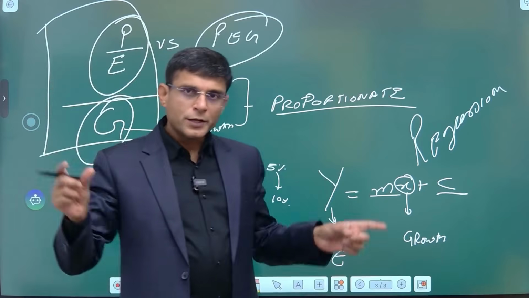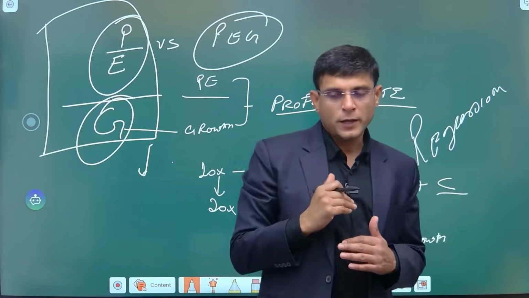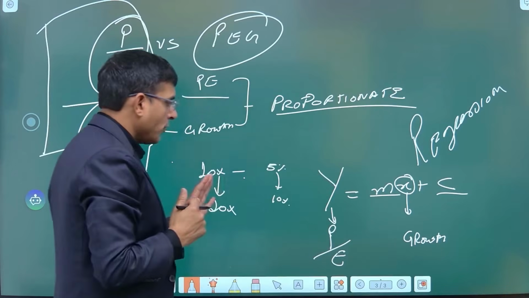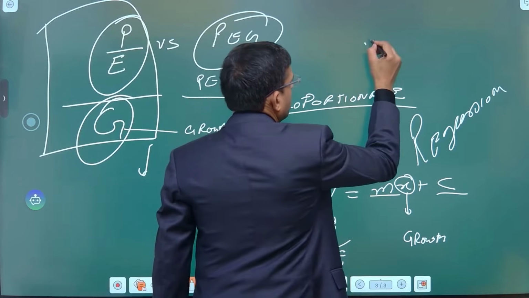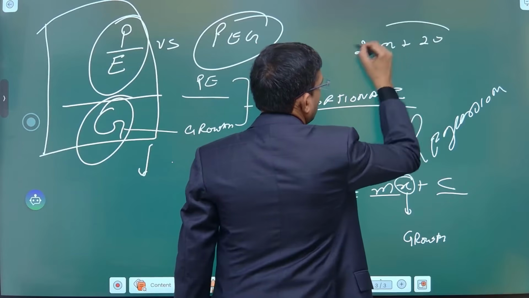When you run the regression equation, it will tell you, based on all the data set, for the P multiple, y is equal to what? Say, it may be 2 into x plus 20.